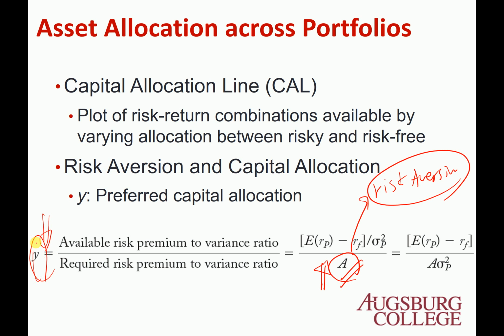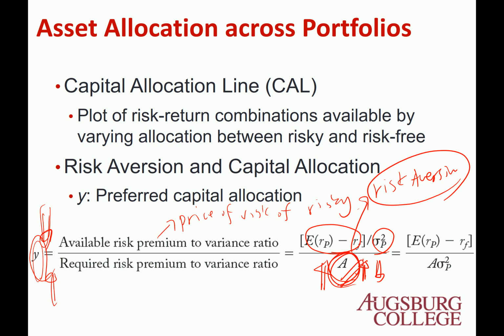The proportion of risk asset is the available risk premium to variance ratio, which is the risk premium divided by portfolio variance, the price of the risk of the portfolio, divided by A, the risk aversion. So if A is higher, you decrease the proportion of risk asset. If A is lower, you increase the proportion of the risk asset.